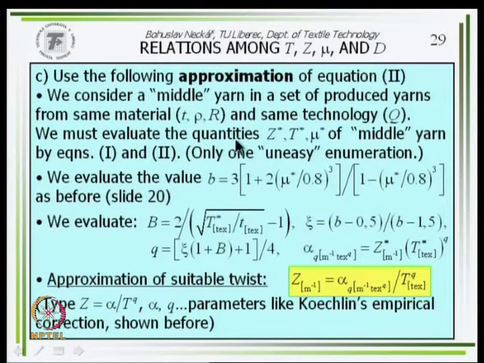We must evaluate the quantities of z star, t star, and mu star of the middle yarn from equations 1 and 2. One yarn I will calculate based on the original equations, including tables or a numerical method and so on. Only one yarn. One typical average yarn which is in the middle of the area of my activity in my spinning mill.